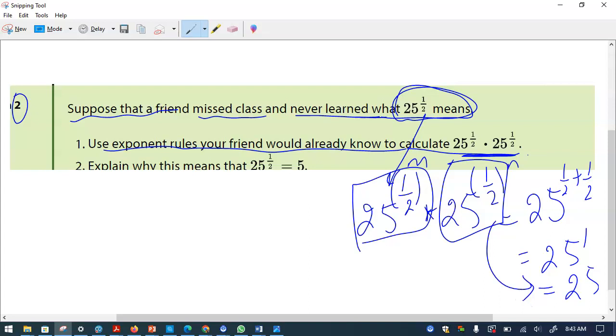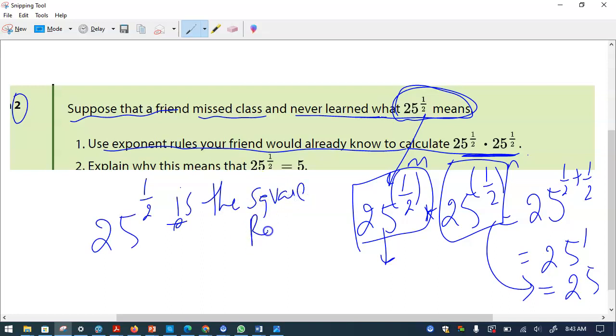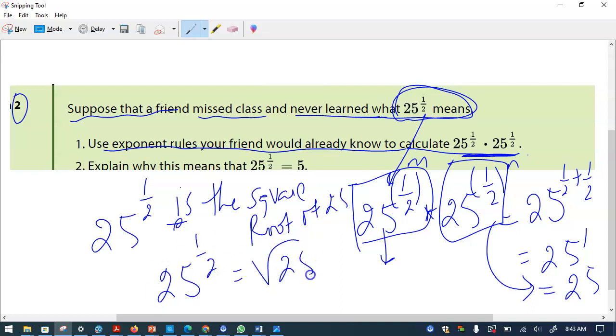So 25 raised to half is the square root of 25, because when you multiply it by itself twice, you end up getting 25.